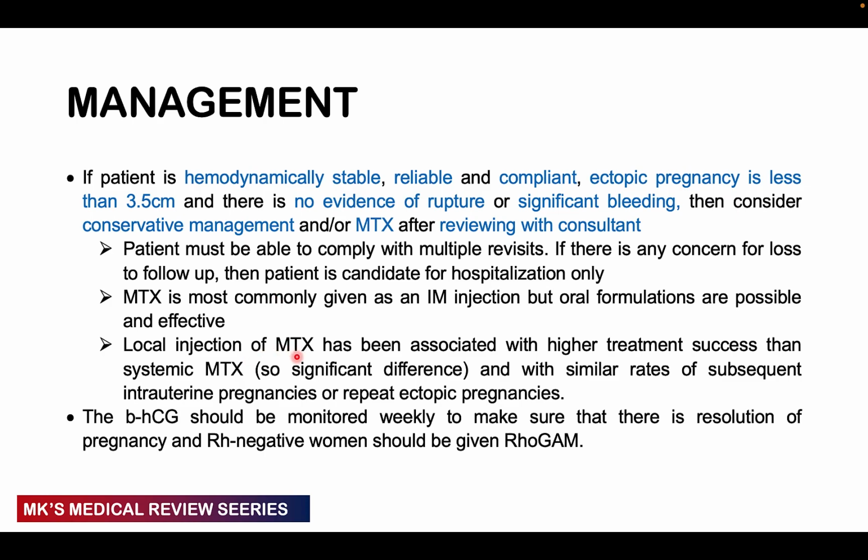Local injection of methotrexate has been associated with higher treatment success rate than systemic injection of methotrexate. There is a significant difference, but with similar rates of subsequent intrauterine pregnancy or repeated ectopic pregnancies in the future. So the beta HCG level should be monitored weekly to make sure that there is resolution of the pregnancy, and for those that are Rh negative, we must give them RhoGAM.